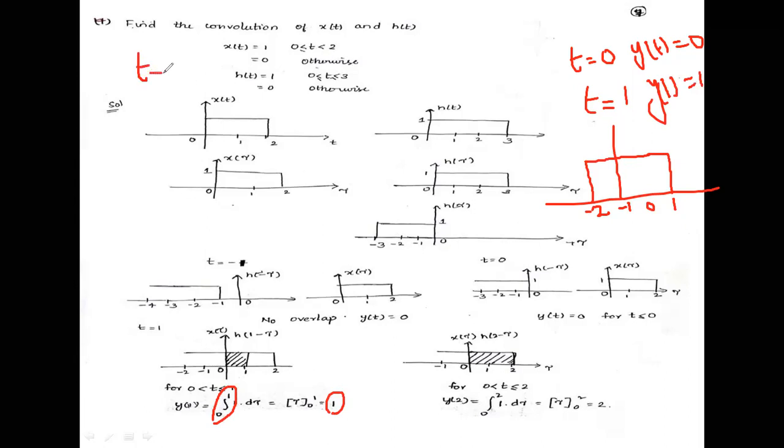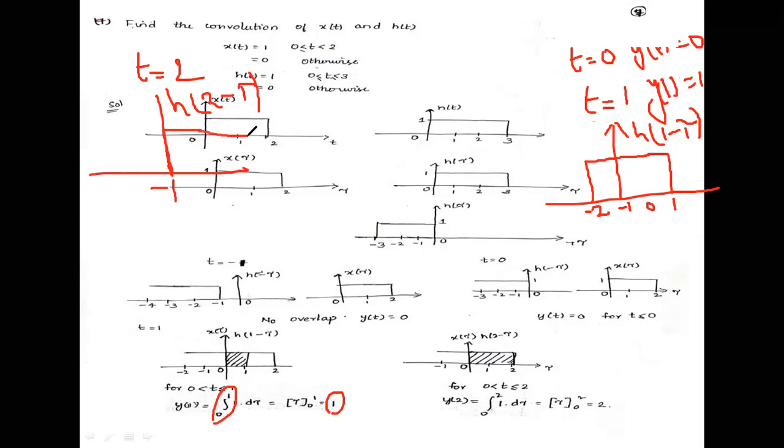Again, if t is equal to 2, this is one value shifted towards the right side. This value is h of 2 minus tau. One sample means it starts from minus 1, 0, then 1 and 2.